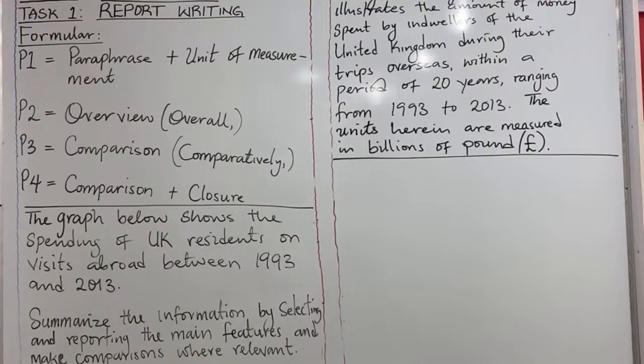So let's proceed. Overall, the graph shows that the residents, you can see I'm using residents, whereas in the first one we used indwellers. Good. So you have to be very meticulous. Overall, the graph shows that the indwellers of the UK invested their funds.